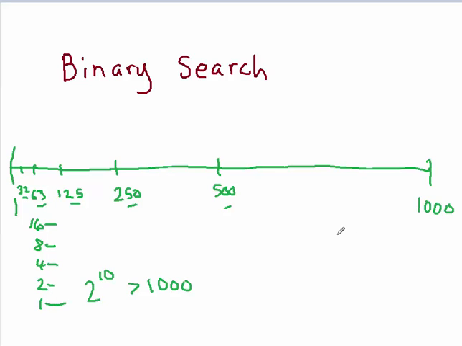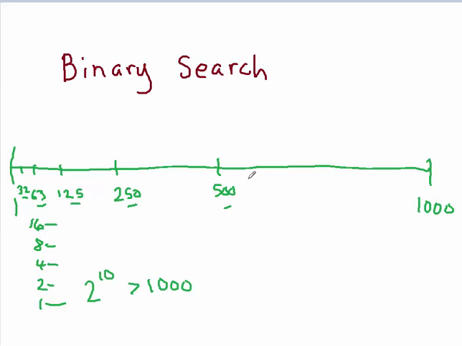Now, algorithm purists would say that this algorithm is ambiguous. When given the list of 1,000 numbers, how did we know whether to pick 500 or 501? Either is close to the middle of the list. It turns out that on average, it doesn't matter whether you have 500 or 501 elements in your list.